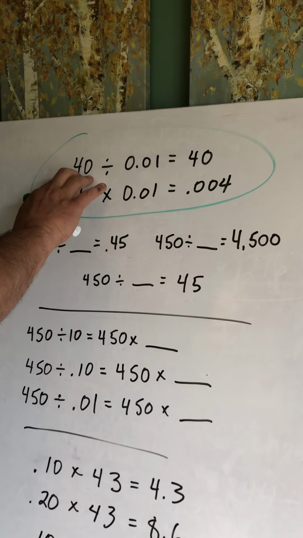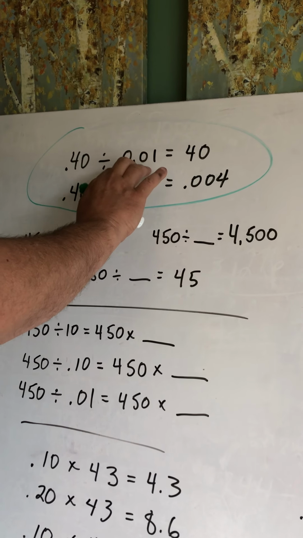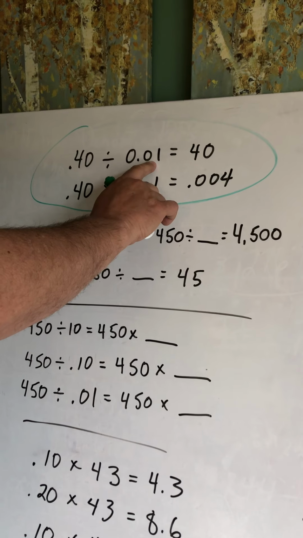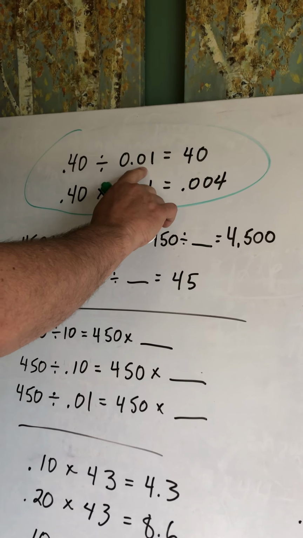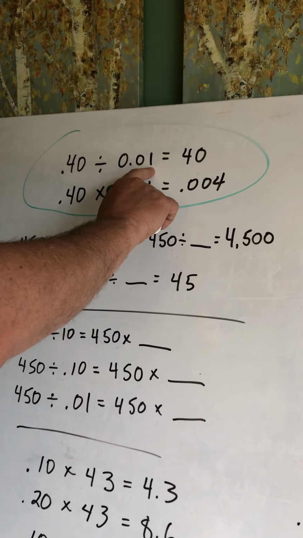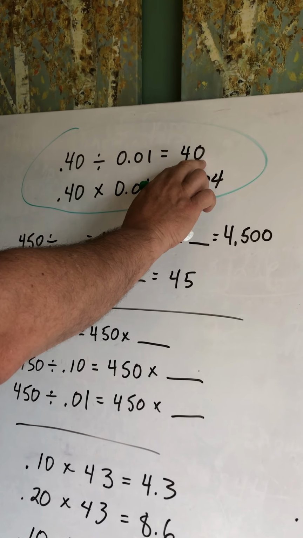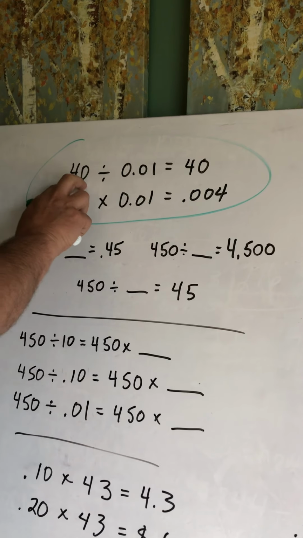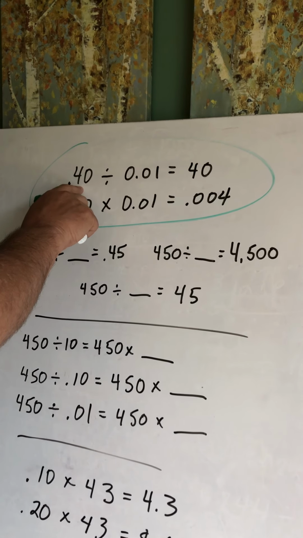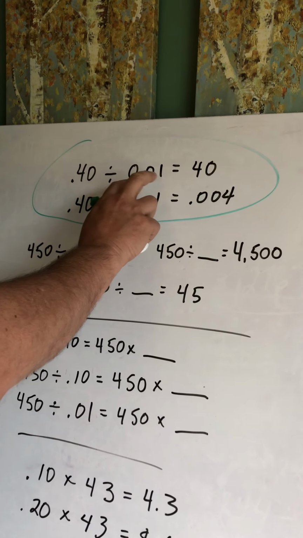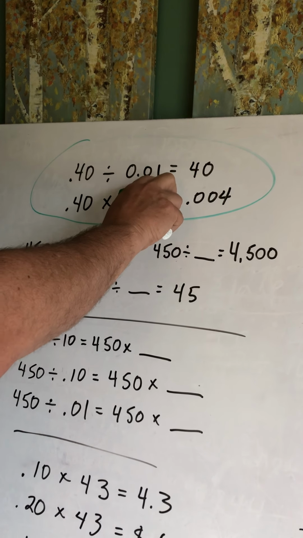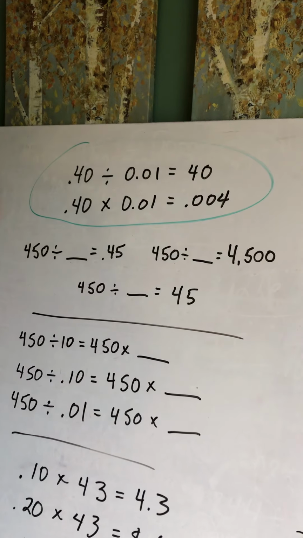Because 4/10 is almost a half, and you're dividing it into 100ths, okay? 0.01 hundredths. It's going to get larger, okay? You're going to have 40 pieces. Out of that 4/10 or 40 hundredths, you're dividing it by 1/100th, and so you can have more pieces.